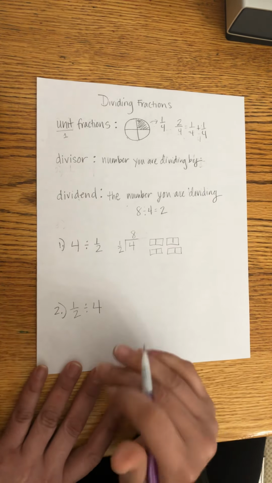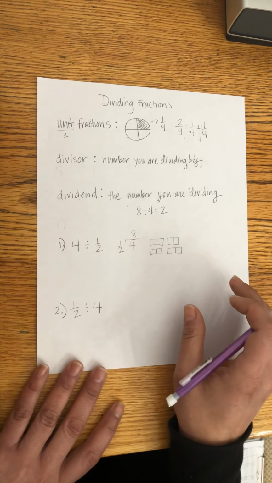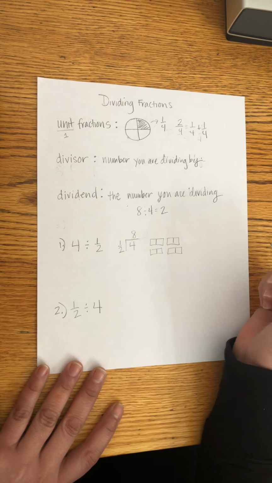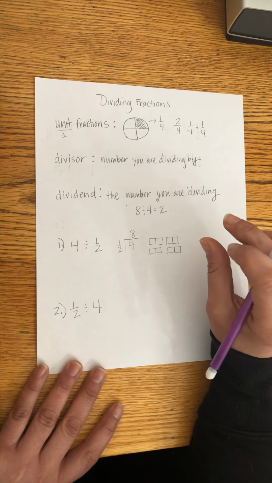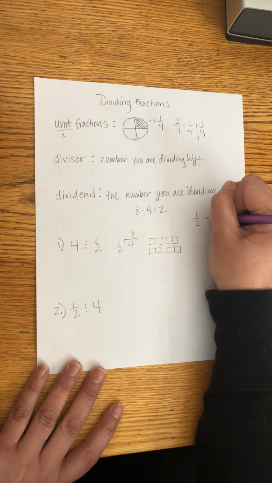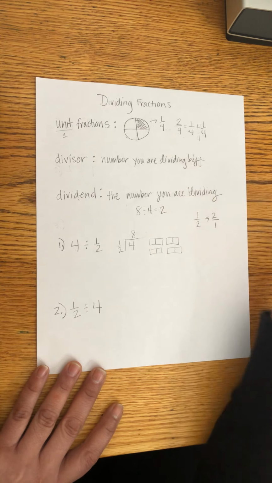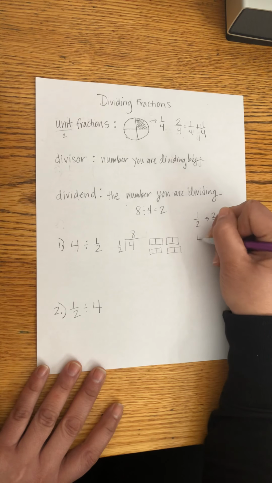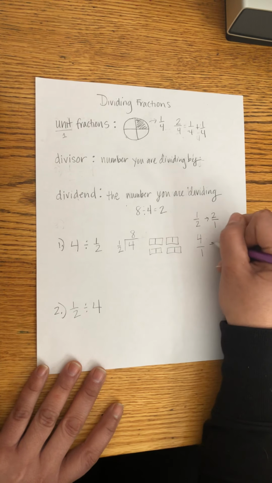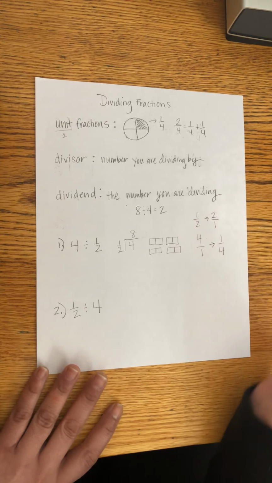Now, to do this mathematically, you've got to pay really close attention. You're going to use something called the reciprocal. The reciprocal of any number is just the opposite of it. So if I have 1/2, the reciprocal is 2/1. 4 written as a fraction is 4/1, so the reciprocal is 1/4, correct?